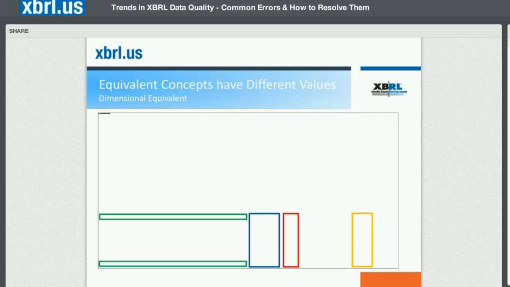Those two values have to be the same because the combination of elements in the dimensional structure represent the same concept that you used on your balance sheet in default by itself, the financial tag. So you need to be aware of that. We see a lot of issues all the time where companies are not aligning the information when the tags really represent the same thing.